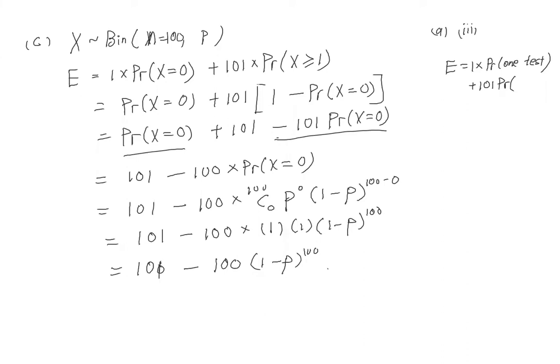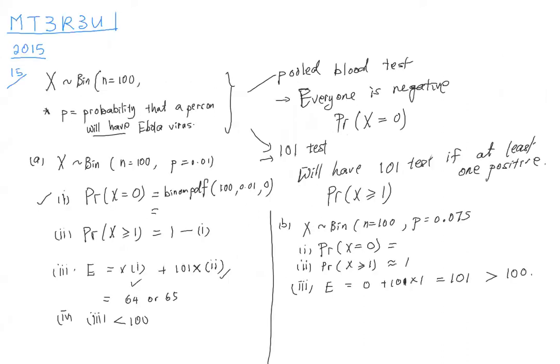Okay, you want me to go back to this one? I'm talking about this part. The part 2 is you need the probability of negative. If it's positive, then you have to do 101 tests. What is the probability of positive? It means out of the 100, at least 1 has the virus. Negative means all don't have the virus in the group of 100.